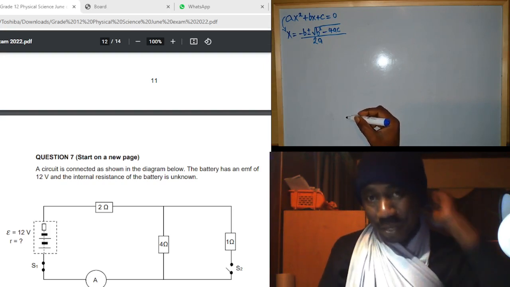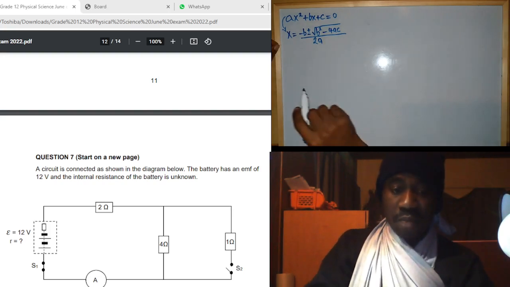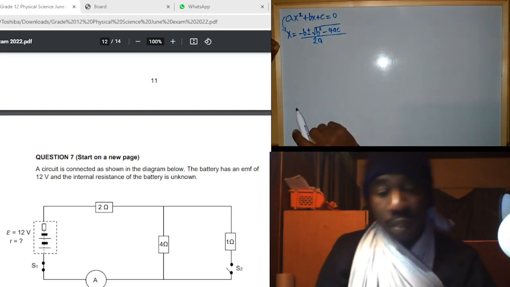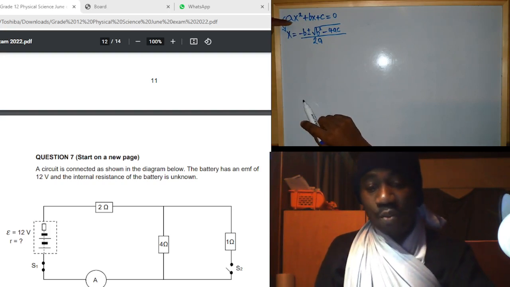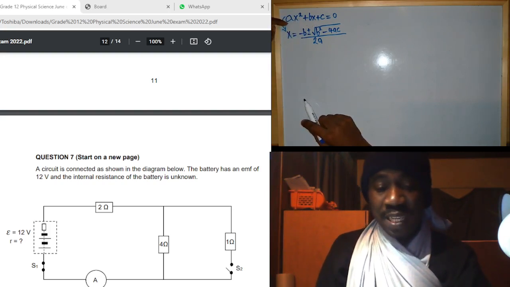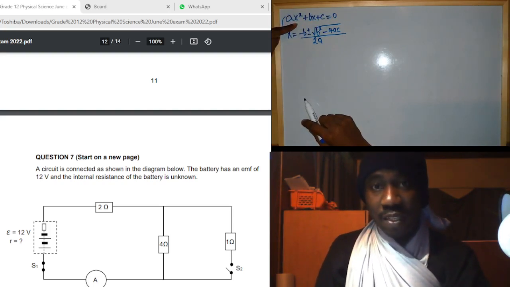Now remember, in completion of squares, you must ensure that the coefficient of x squared is 1. So to make the coefficient of x squared 1, we have to divide this equation through. We have to divide each of these terms by the coefficient of x squared, which is a in this case.